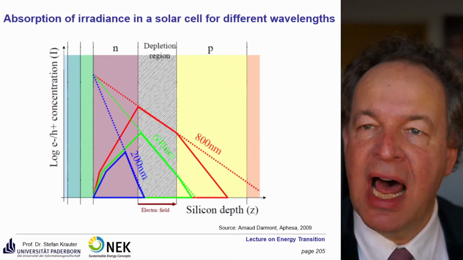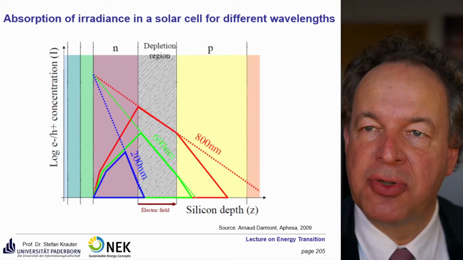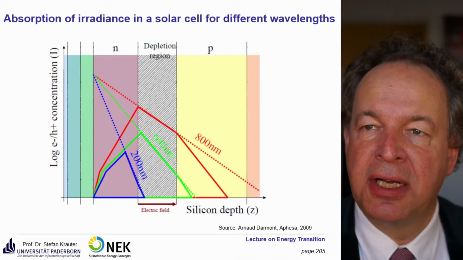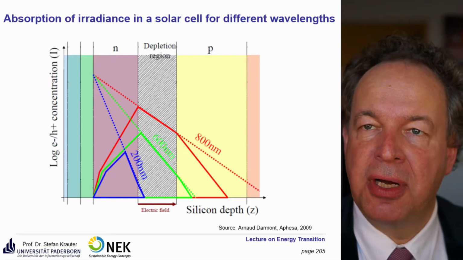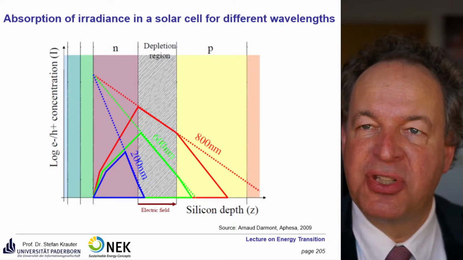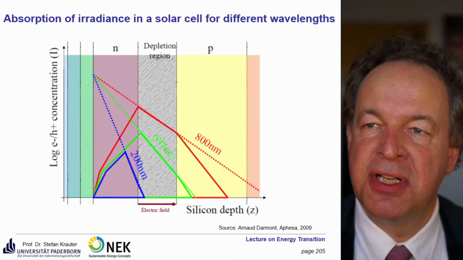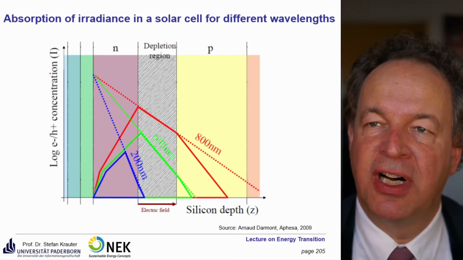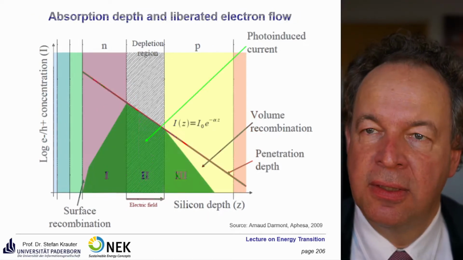Optimal is the green light, which just gets absorbed mostly in the depletion region. And if you have 800 nanometers, it almost travels through the silicon, but a large part is getting absorbed, and in this vicinity you also have the highest conversion efficiency of a silicon solar cell.